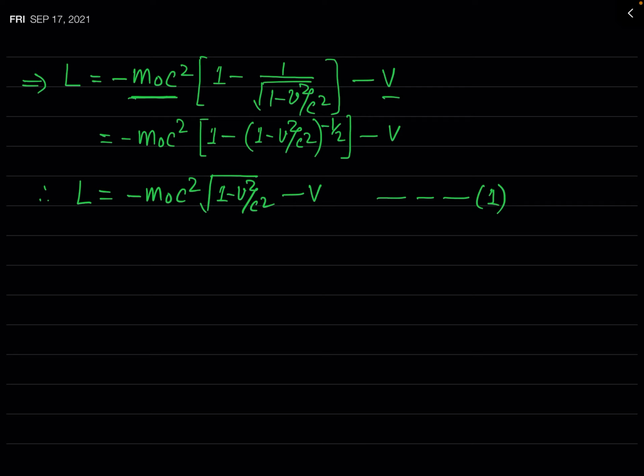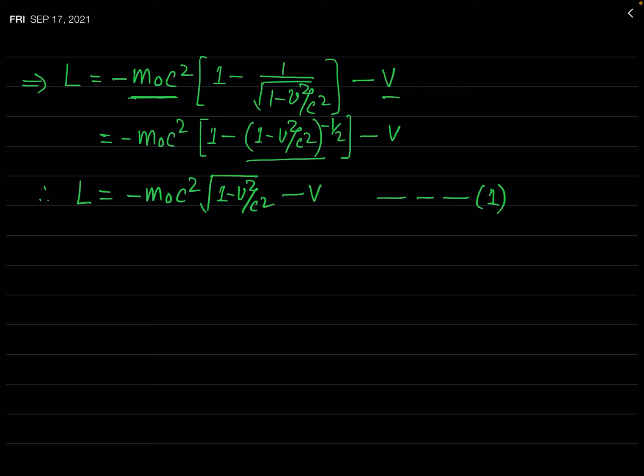Now let us take this factor, the square root of 1 minus b square by c square, which is in the denominator, into the numerator. Then it will be 1 minus b square by c square whole to the power minus half.